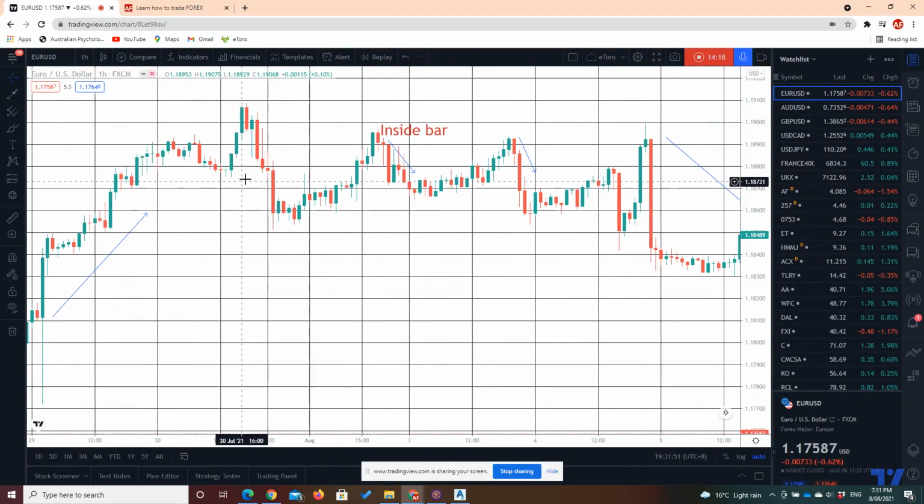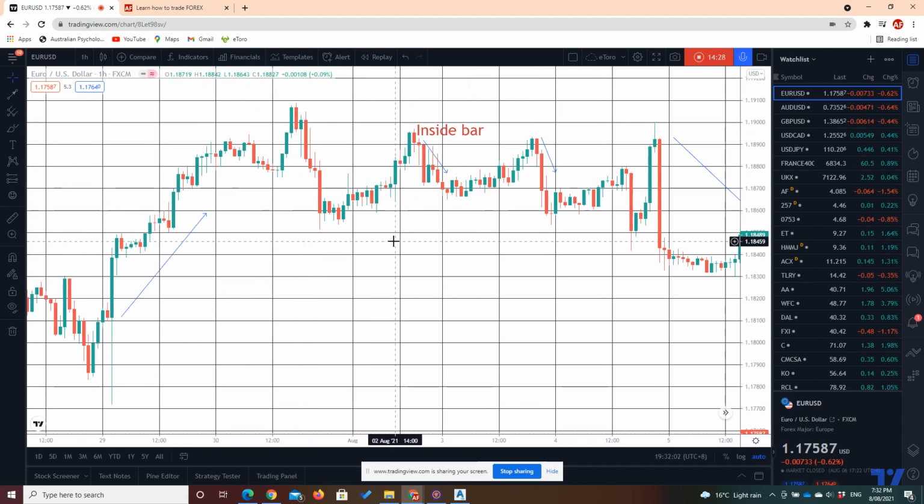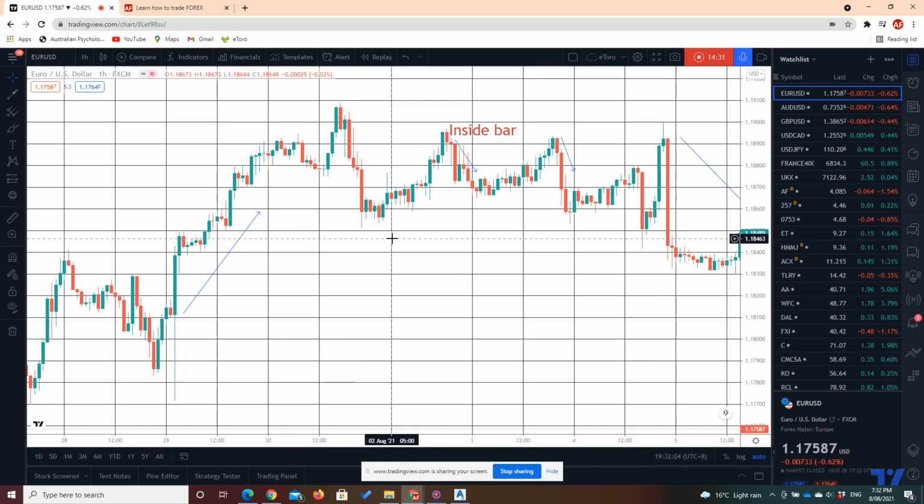How many of those can you find? See here, this is another Doji. It was down, then it went up. And if you put the stop loss and take profits, then you will do very nicely using these candlesticks by themselves without any other indicator.